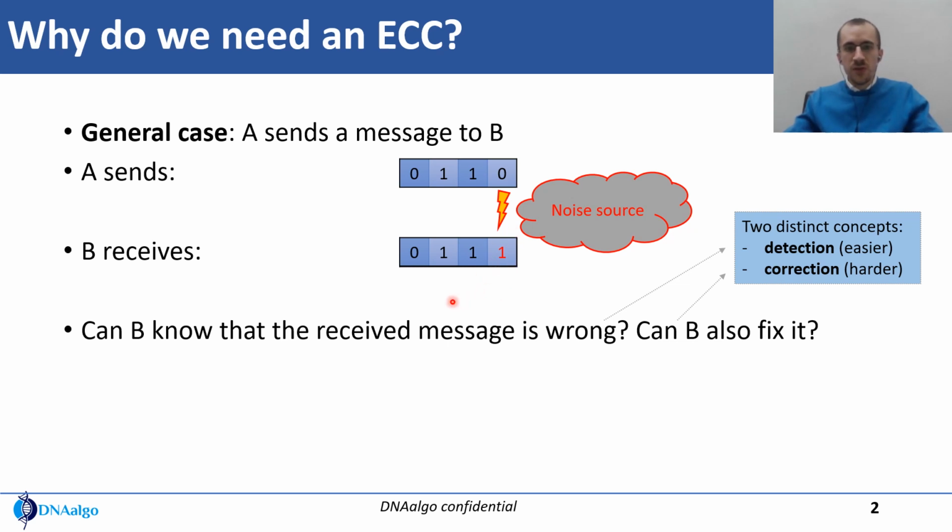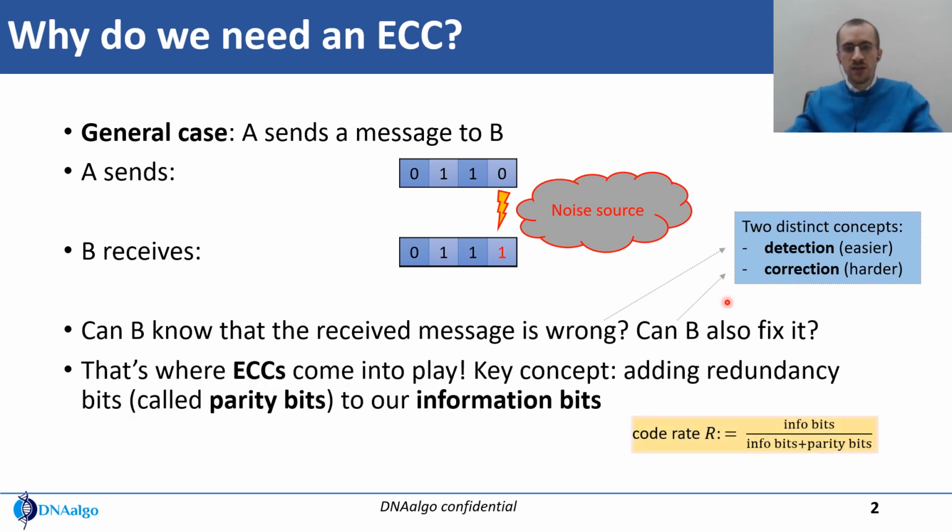So the question here is twofold. Can B know that he received the wrong message, and can he also fix it? This is related to two properties of an error correction code, which are called detection and correction. What ECCs do in practice is to add a few extra bits that can be used to restore the original information.